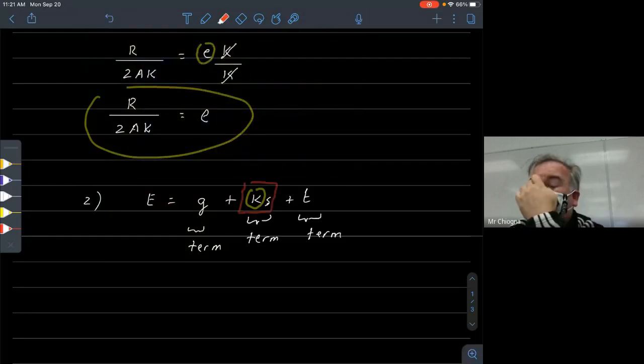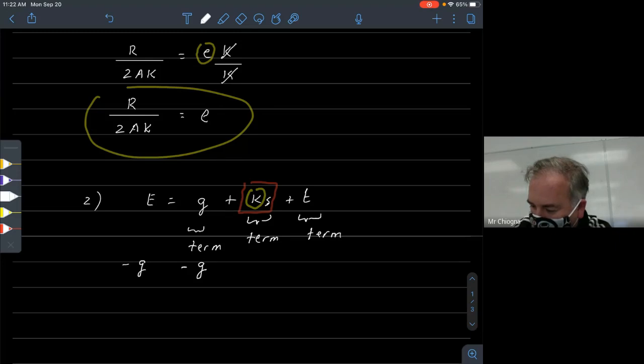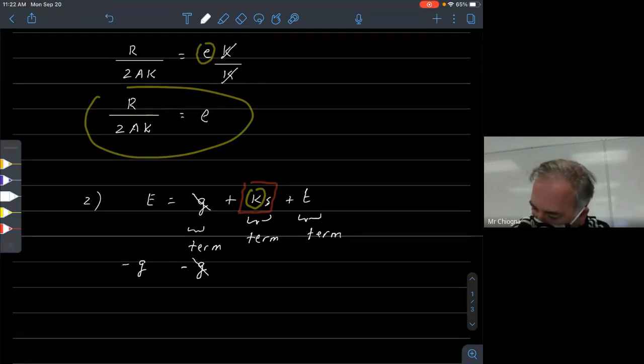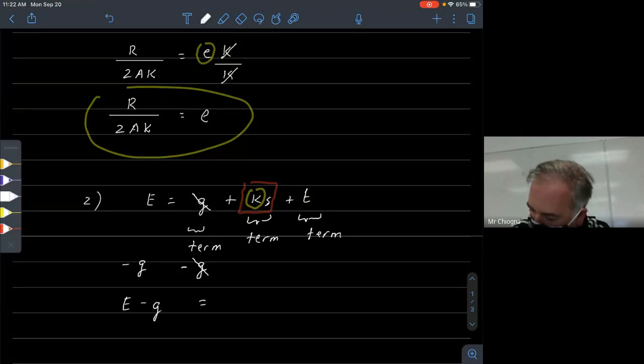I'm going to solve for that term first, and then I'll solve for the K. I'm going to remove each of these terms by doing the opposite. So G is some positive number. I'm going to subtract it from the right side. Whatever I do on the right, I have to do on the left. And that'll cancel the G out. E minus G. I'm left with just the KS plus the T.